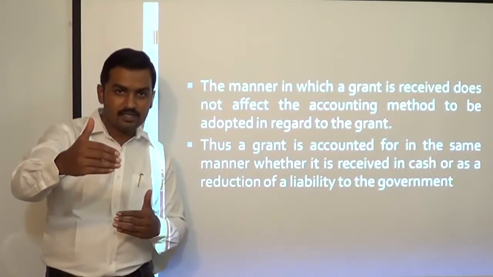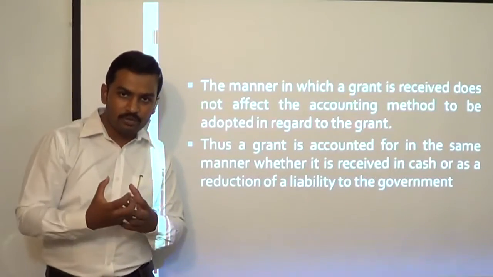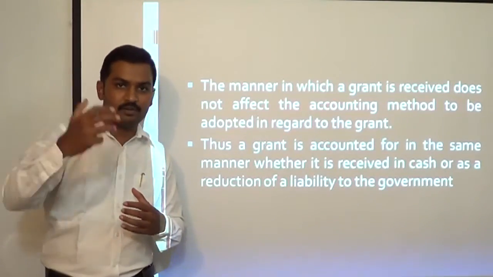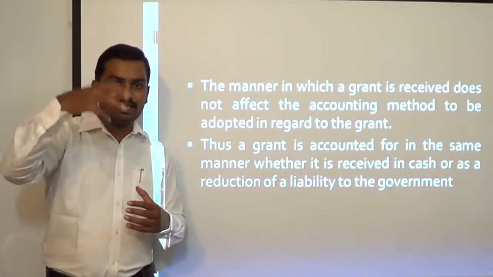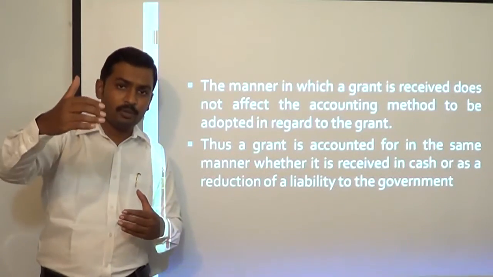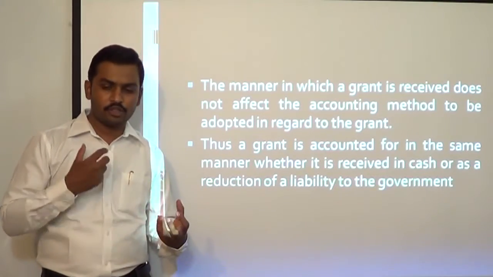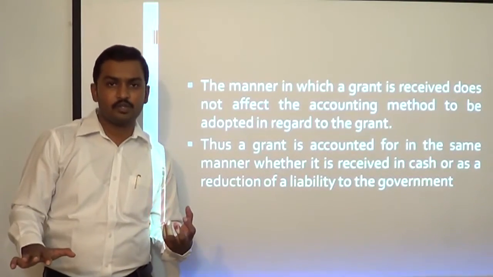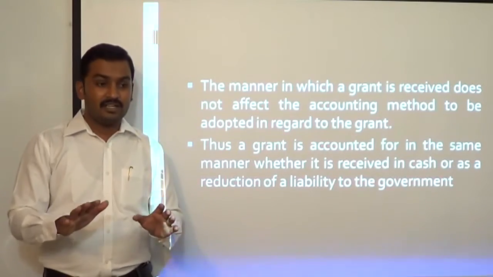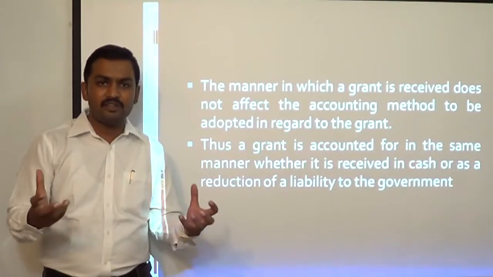We have taken a loan from the government, we have some obligation towards the government. The government says we will give you a grant, and the grant is in the form of reduction of that liability. So whether you receive the grant directly in the form of cash or indirectly in the form of extinguishment of liability, the grants can be given in different ways.